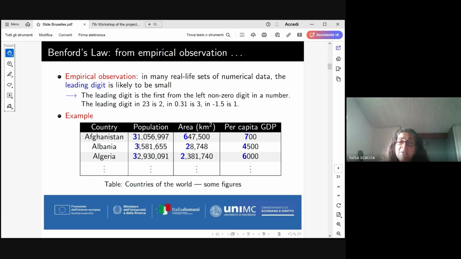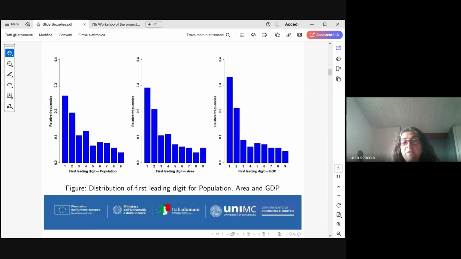So we are counting how many times, for example, we observe 1, how many times we observe 2, and so on up to 9. And we can make a bar plot of the distribution of the first leading digit. Each of these bar plots is for one of the 3 data sets seen before.